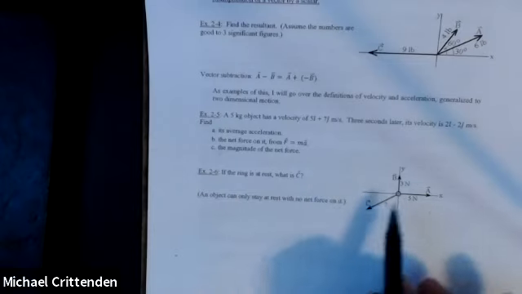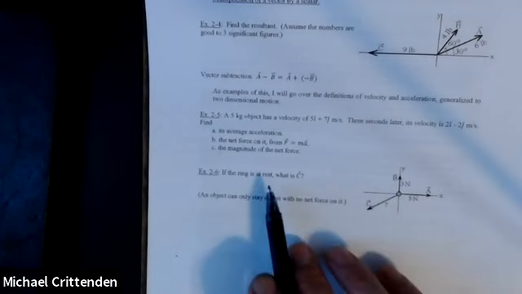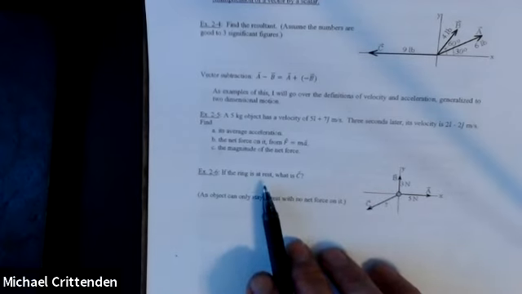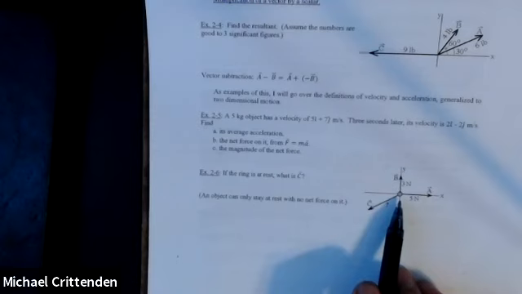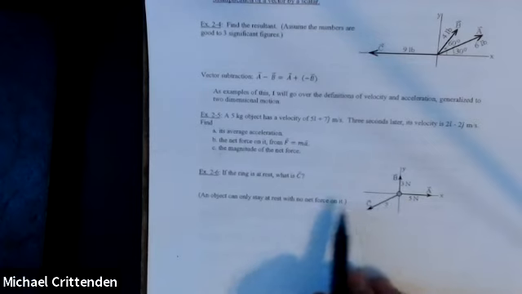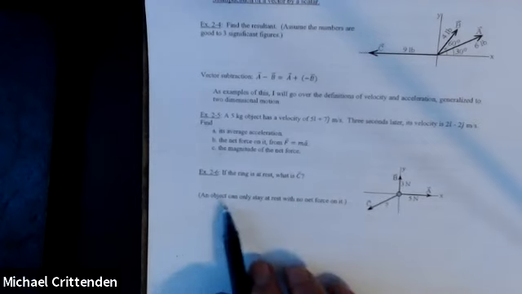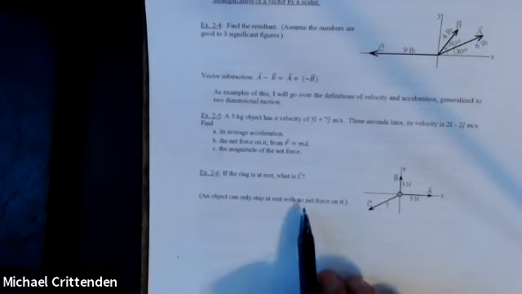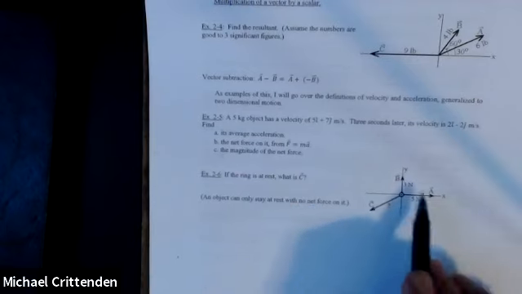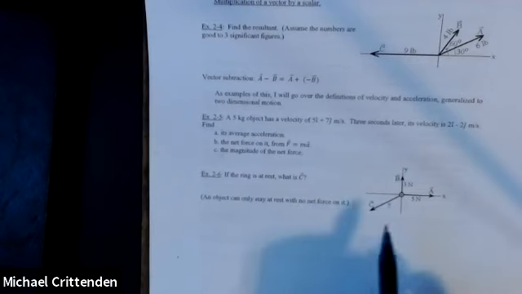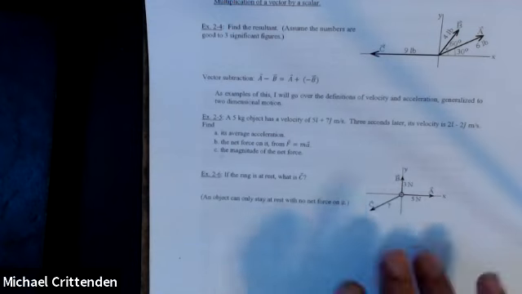And the reason that you know the total of all these forces is the question tells you that that ring is at rest. For an object to remain at rest, the total force on it has to be 0. An object can only stay at rest with no net force on it. So the resultant of these 3 has to be 0.